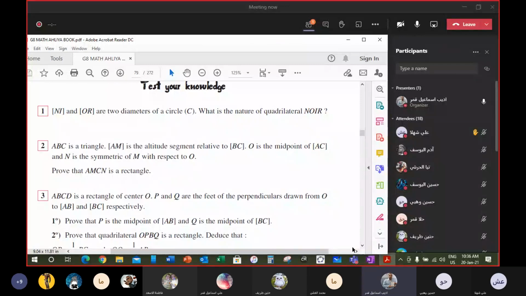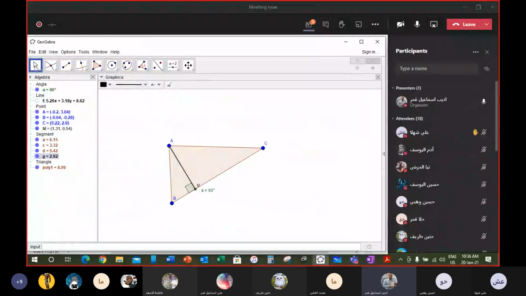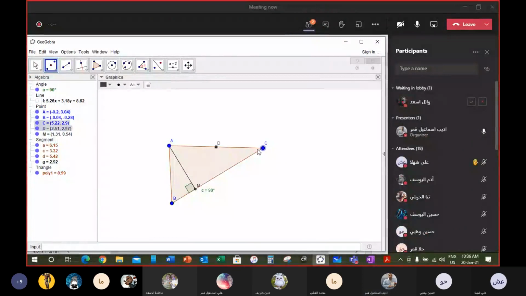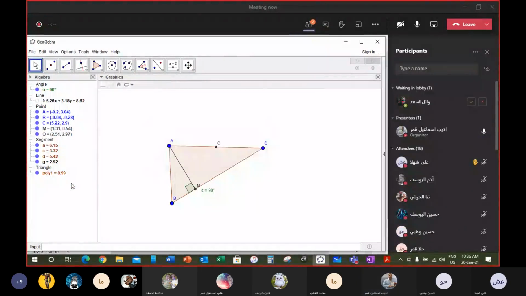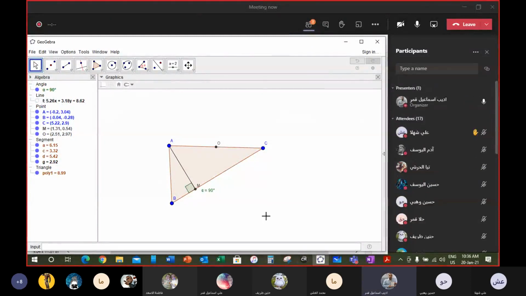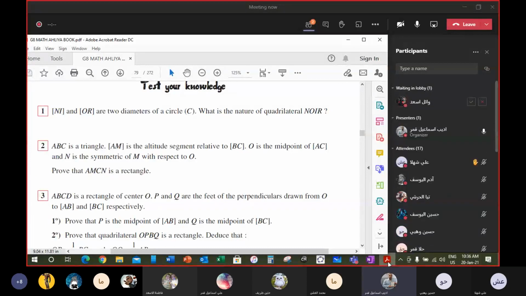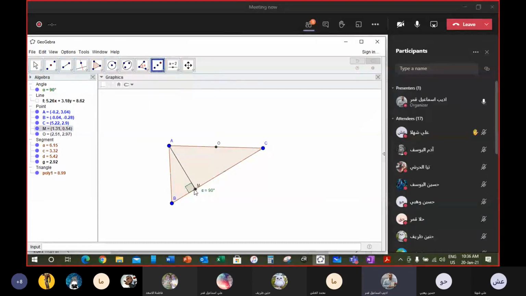O is the midpoint of AC. We take the midpoint, which is point O. Then we have N is the symmetric of M with respect to O. We take the symmetry with respect to a point.